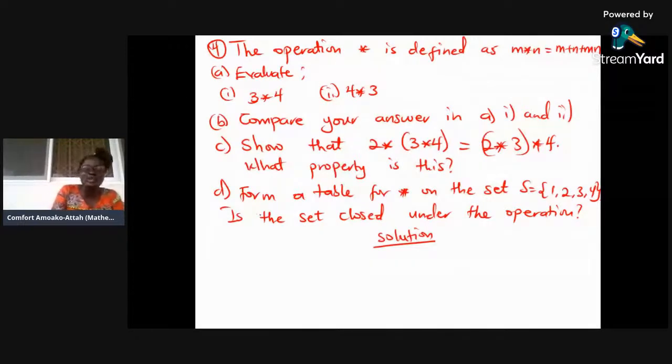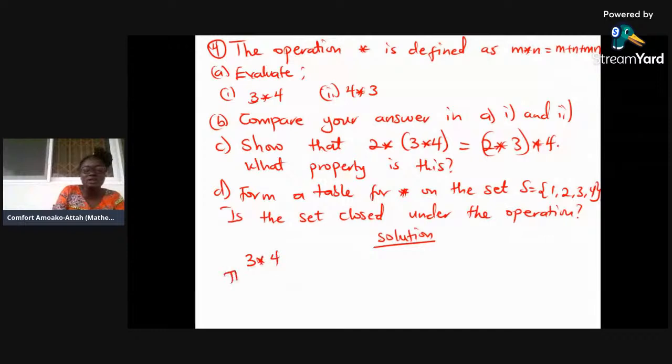The first thing to do is, let's write the definition of the operation. So we have it as 3 star 4.